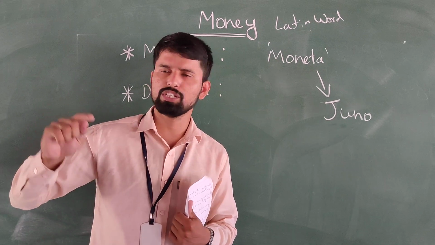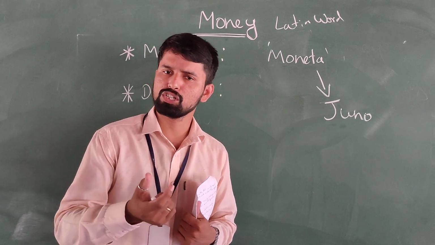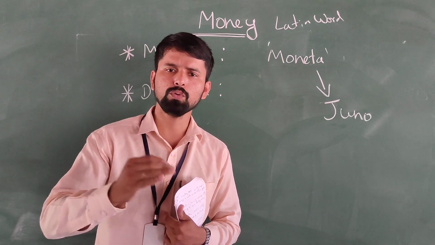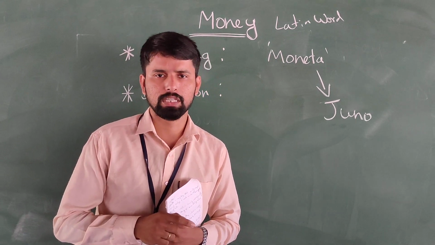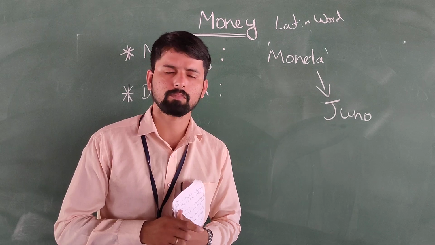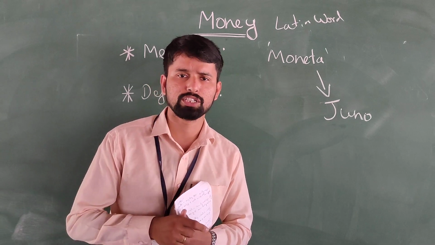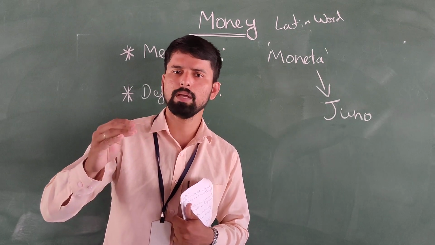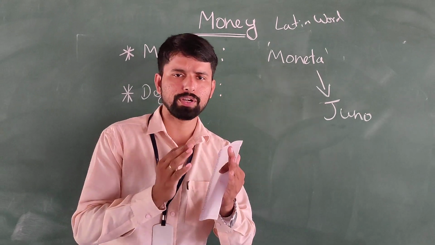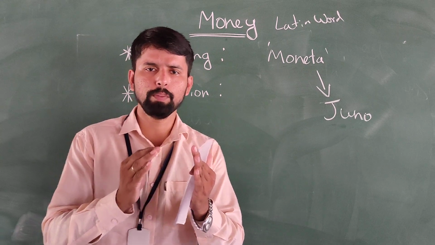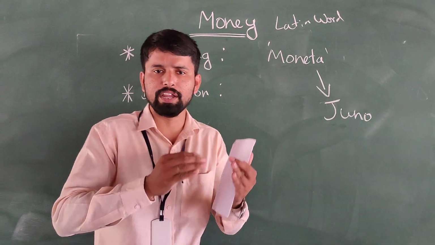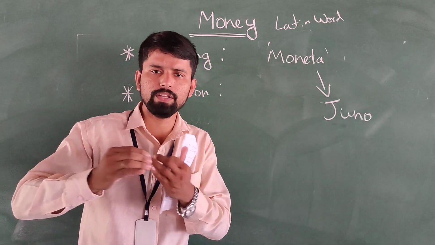In the agricultural society, what we call the pastoral society, they used commodity money. We have heard of the barter system, right? Sati Vinimaya Paddhati. In the barter system, people used commodities to exchange their needs and necessities between themselves.